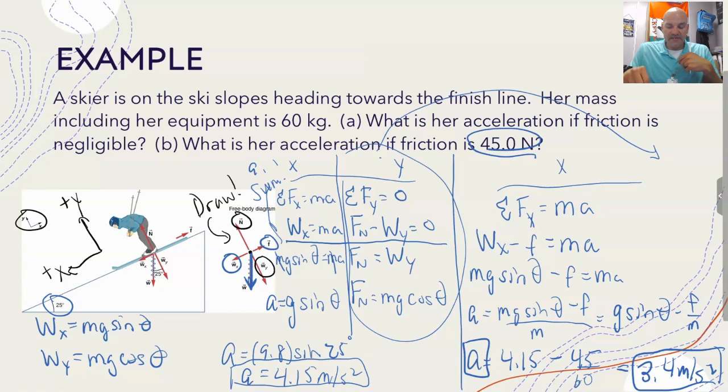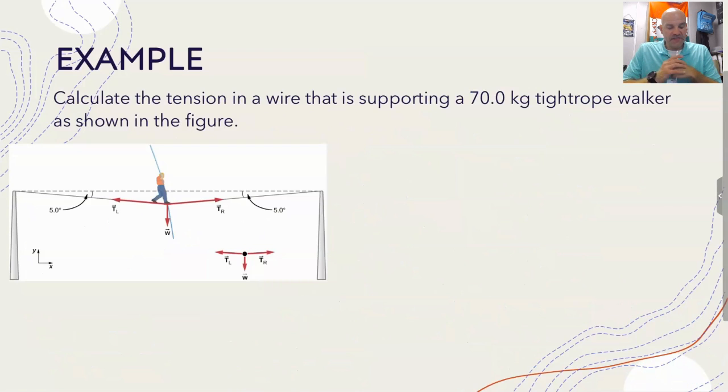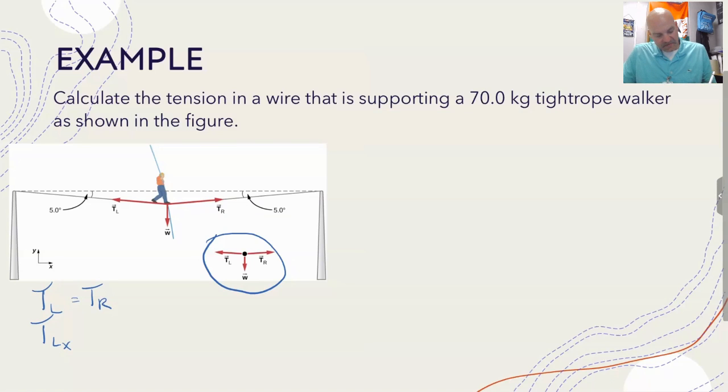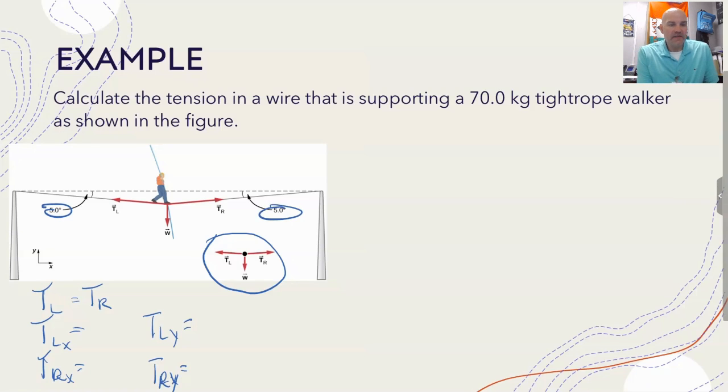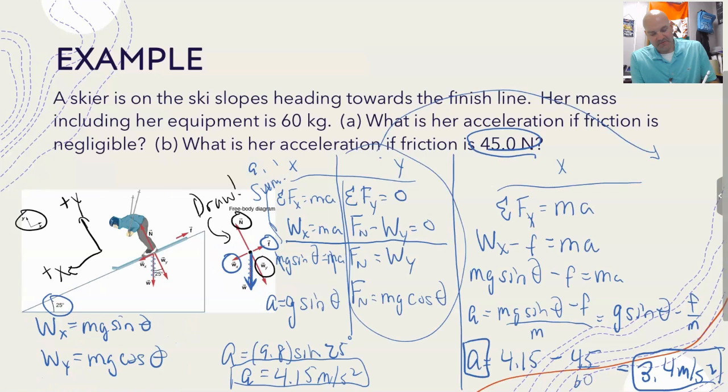All right, so let's look at a tension problem. Here we have a tightrope walker. Here's our draw step. So we do have to break TL and TR into components. So we have TLx and TRx, TLy, TRy. The good thing is we don't necessarily have to worry about the x direction on this one, because as long as these angles are the same, the x side will just cancel out.